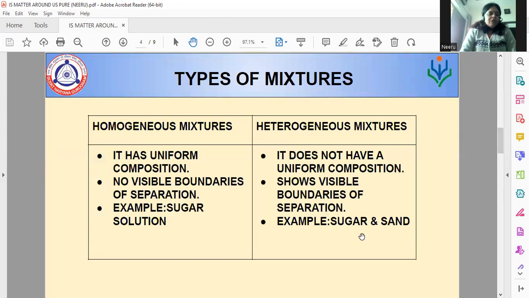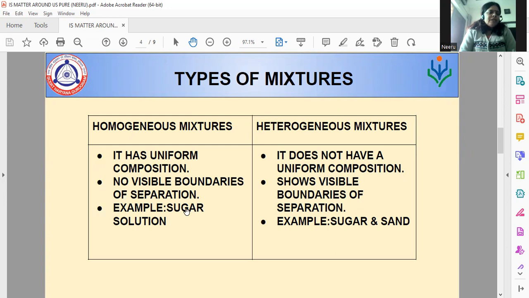They are homogeneous mixtures and heterogeneous mixtures. Homogeneous mixtures have uniform composition. That is, all the components are the same throughout. For example, a sugar solution is a homogeneous mixture where all components are equally distributed and there are no visible boundaries of separation.